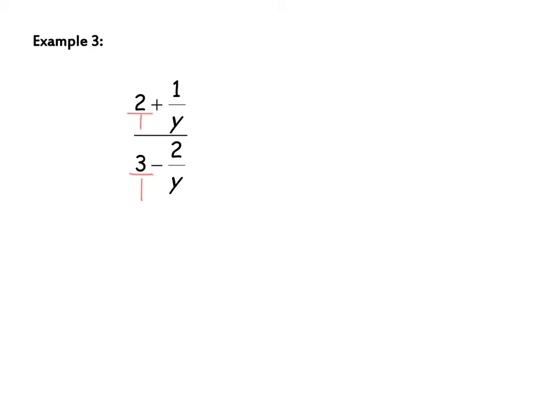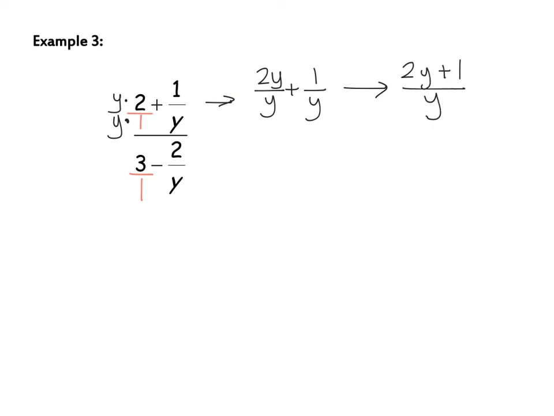So we have to multiply this first fraction by what the second fraction has, but it's missing. So we're going to multiply by a y. If you do something to the bottom, remember we have to do the same thing to the top. So this would become 2y over y plus 1 over y, which would become, remember these are like terms, (2y + 1) over the common denominator y.